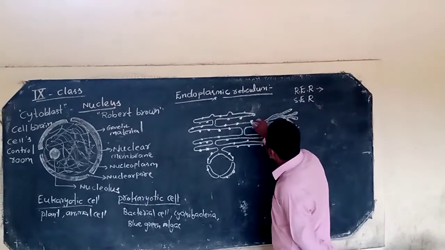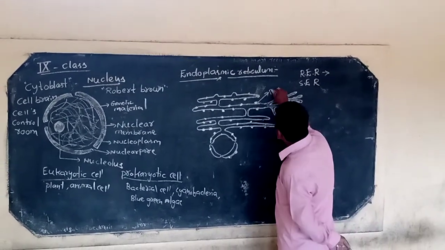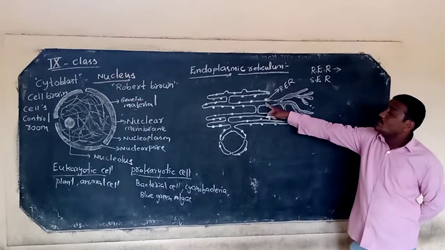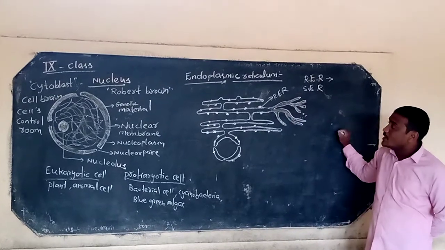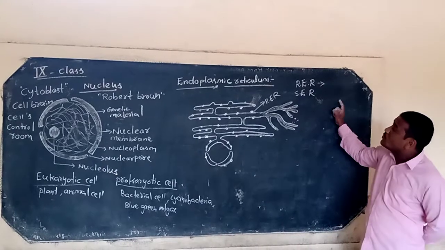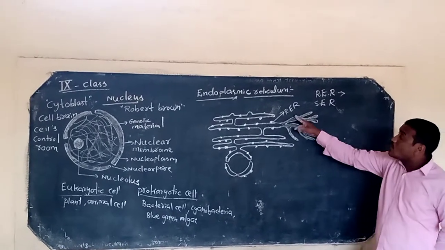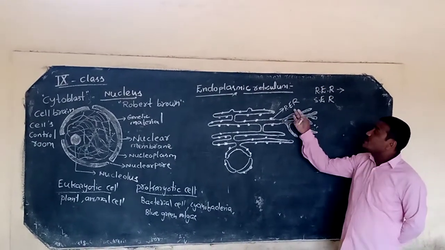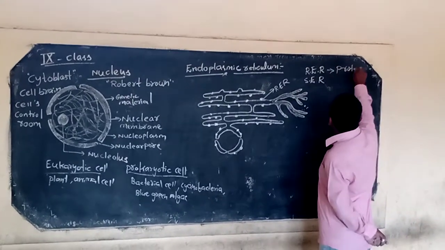Here we can see some rounded structures, which are ribosomes, attached on the surface of the endoplasmic reticulum. That's why it is called rough endoplasmic reticulum. The major function of the rough endoplasmic reticulum is protein synthesis.